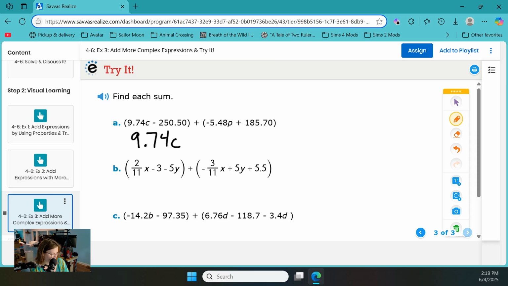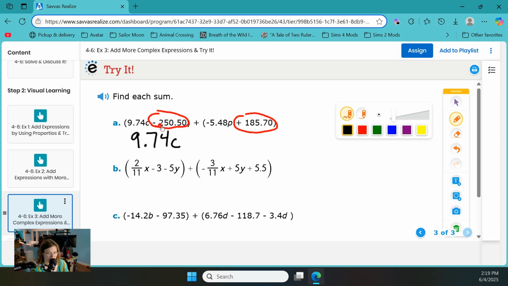Okay. Then we have some constants. So we have negative 250.5, and we have positive 185.7. And the only other term we have in our expression is negative 5.48p.